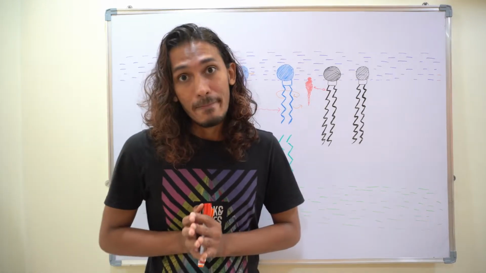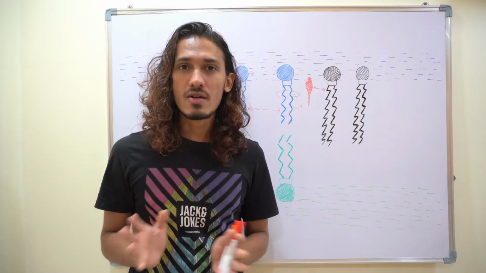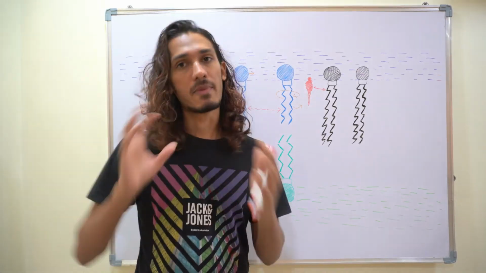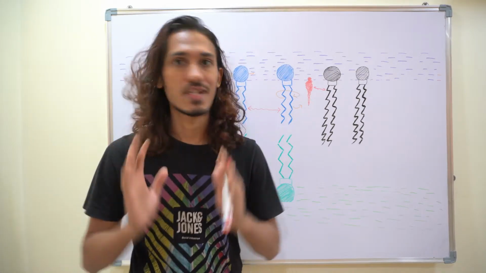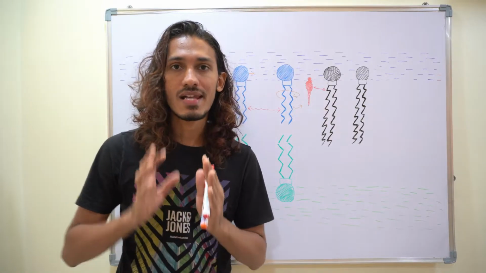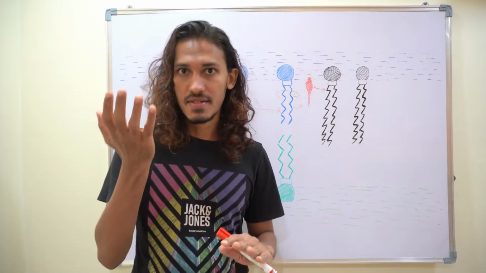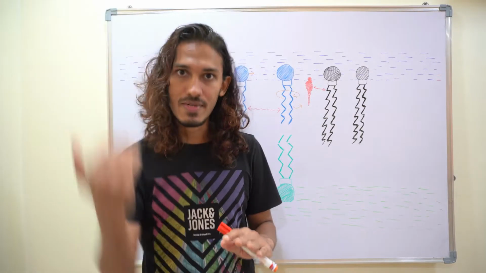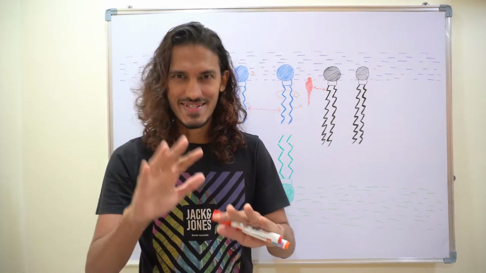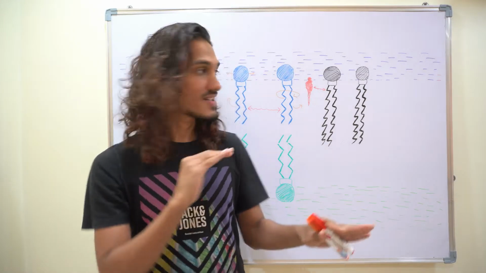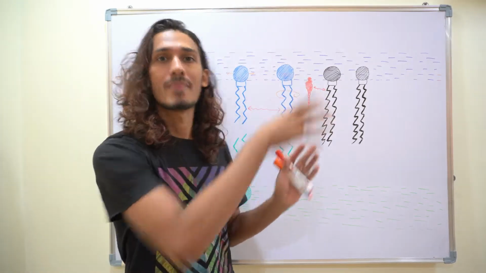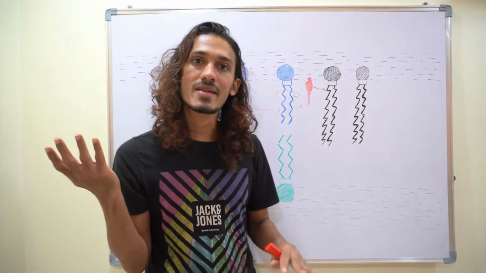Now when you talk about temperature, cholesterol acts like a buffer. That's the first thing you have to understand. Cholesterol acts like a buffer. So when the temperature increases, it tries to oppose the change. What happens to the membrane when temperature increases?